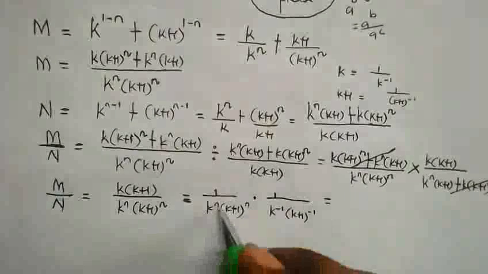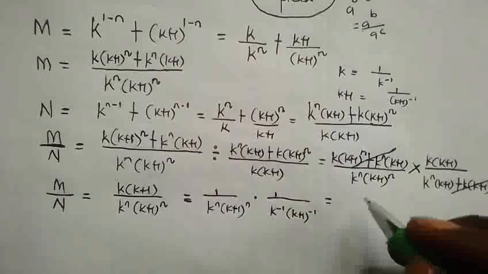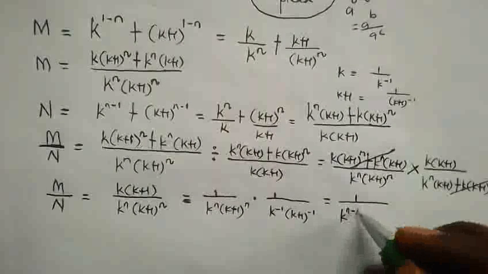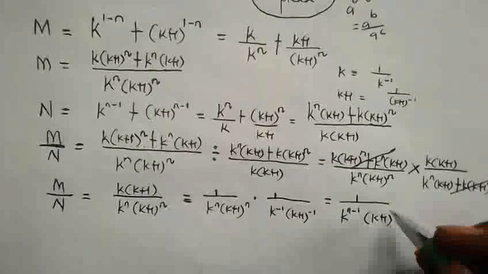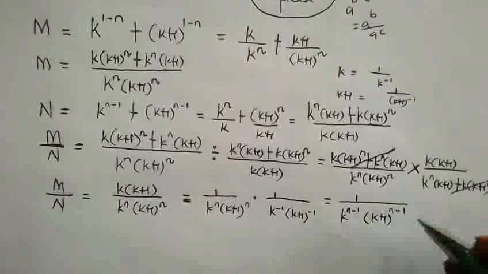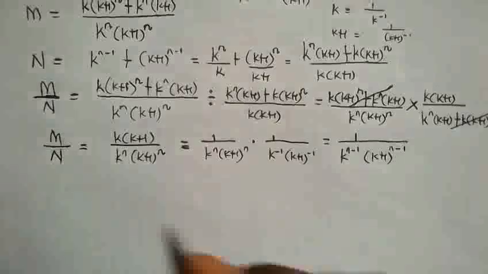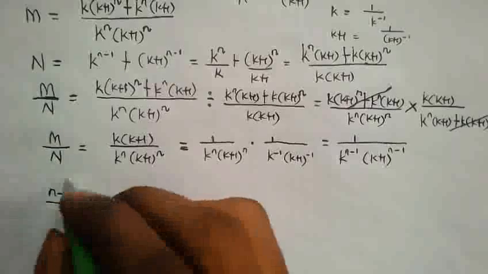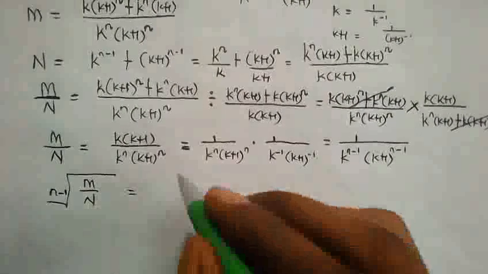So k raised to the power of n times k raised to the power of negative 1, we add the powers, right? So we're going to have 1 over k^(n-1) times (k+1)^(n-1). Okay, so we're going to take the (n-1)th root, right? So as required, we have here the (n-1)th root of m over n is going to be what?